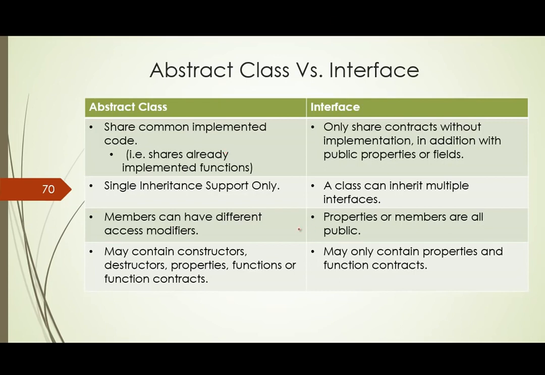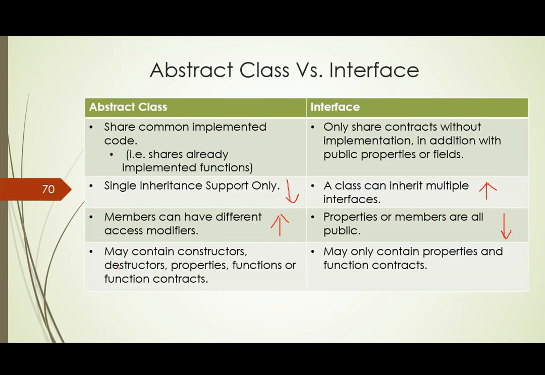That's really the downside. A class can inherit multiple interfaces, which is really an upside for interfaces. Members of an abstract class can have different access modifiers, and this is also an upside: all the members could be different. They shouldn't all have to have the same public modifier. You could have some hidden layers, whereas in an interface you really have to have all the members as public. It's really a downside.